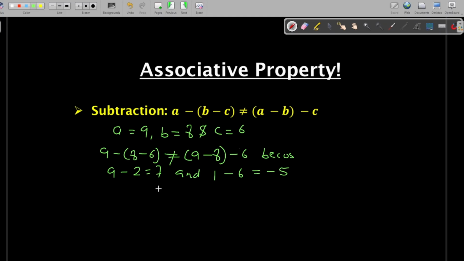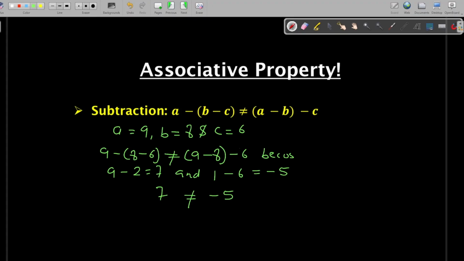So you can see we end up having different results. 7 is not equal to minus 5. So you see, when we subtract three or more numbers, the way we group them using parentheses does affect our final result.